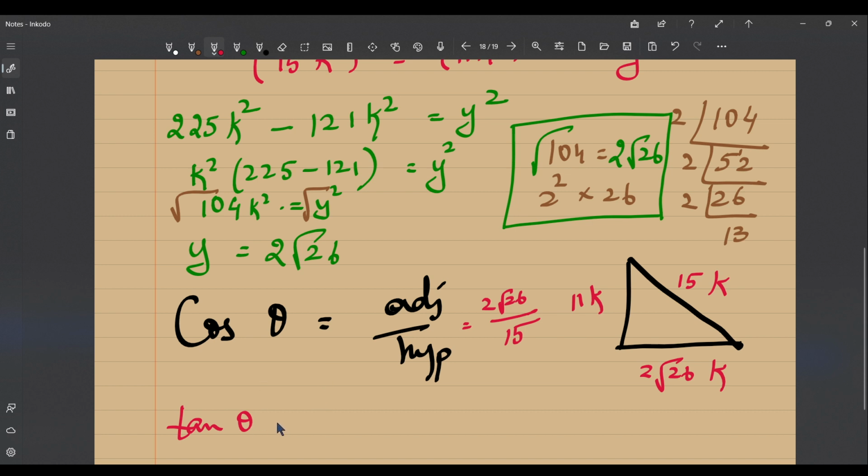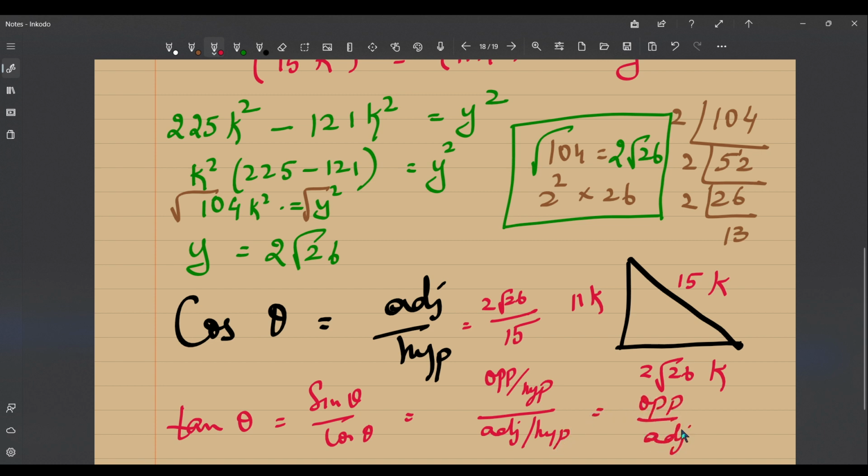So tan theta is sine theta by cos theta. Sine theta is opposite by hypotenuse, cos theta is adjacent by hypotenuse. So tan theta is opposite by adjacent. But the more sums we work out, we will remember the ratios as they are.